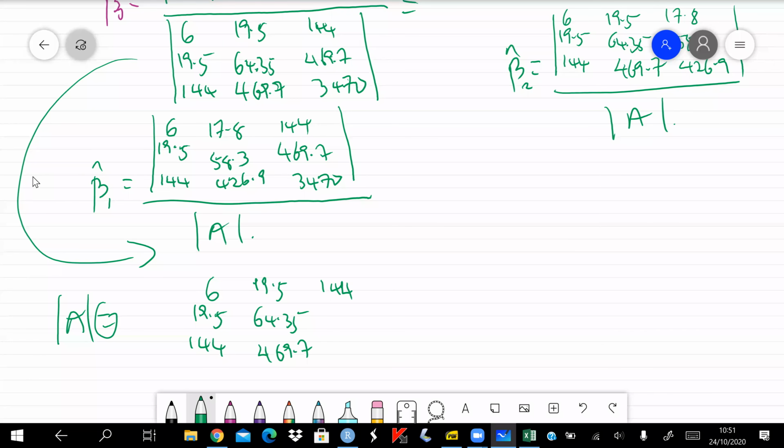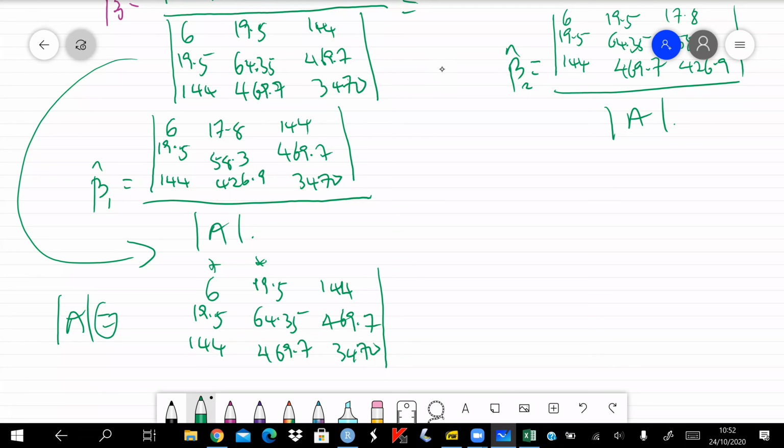Then we have 469.7, that is 470. So once you do that, usually you can put a line there. Then you copy and paste the first two columns next. You make the first two columns the next two columns here. So you have a matrix now containing 5 columns.